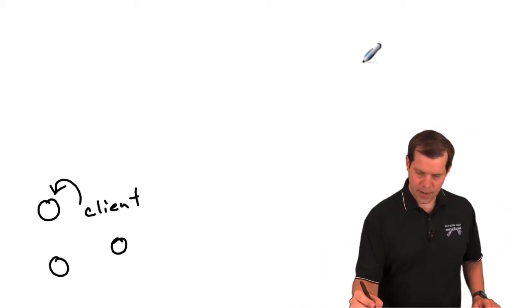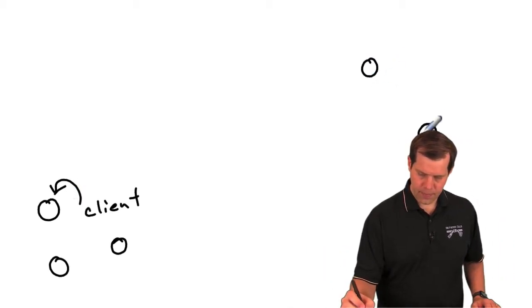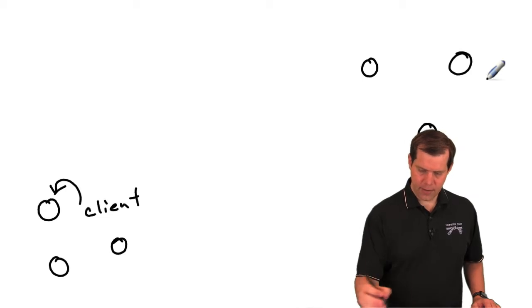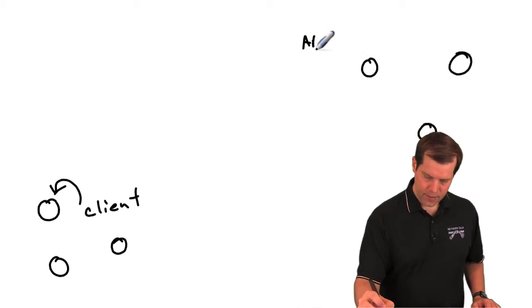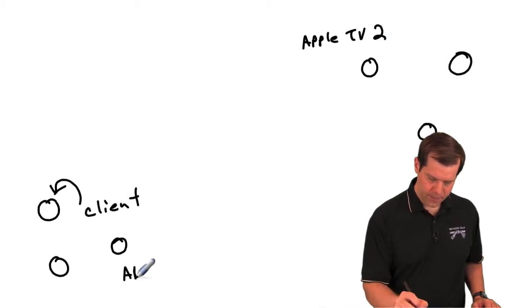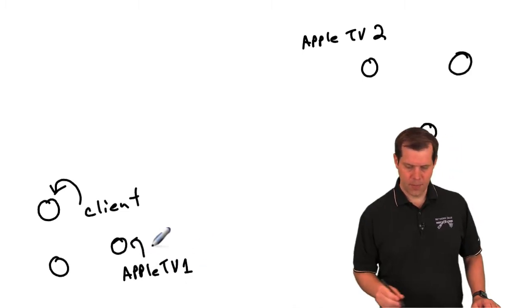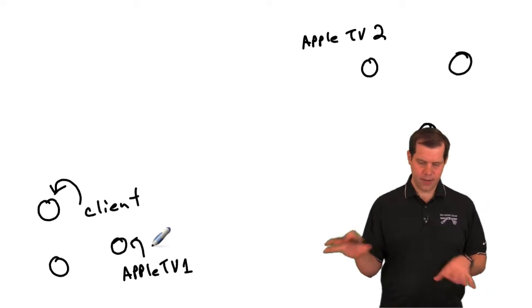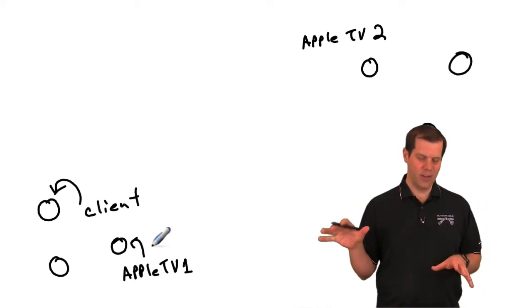And then there's another area over here. Let's say Apple TV 2 is over here, and Apple TV 1 is over here. So 2 separate areas that are far enough apart that these guys can't hear each other.